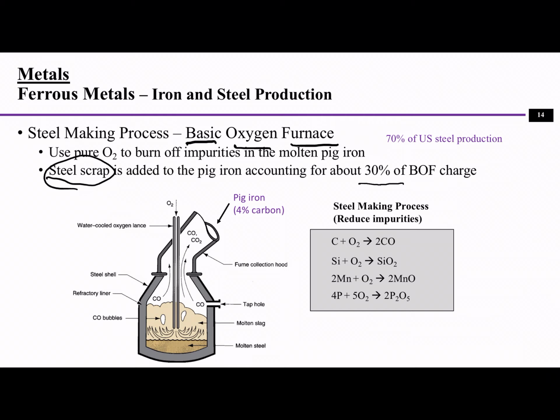For example, the oxygen can react with carbon, silicon, and some other elements to get rid of those impurities. Then the molten steel will be at the very bottom. Then this molten steel can be carried to some other places for follow-up processes.